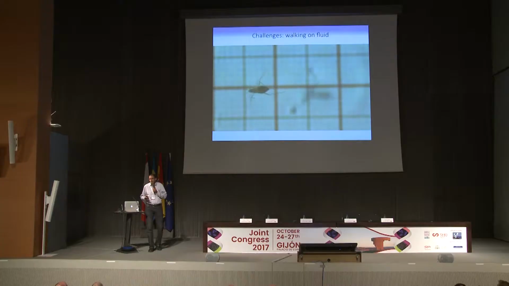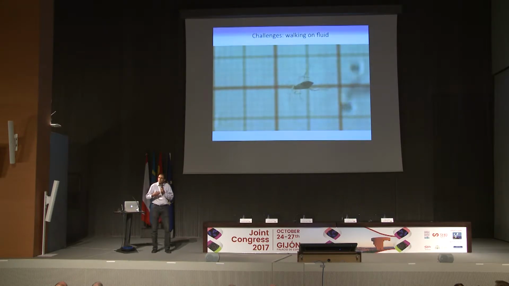But this lifestyle is also associated with a certain number of challenges. For example, how does an animal generate locomotion or movement on a substrate that is fluid? For us, when we push on the ground, there is friction, we can push and it's stable and we can move our body forward. These animals have to push on a moving substrate.